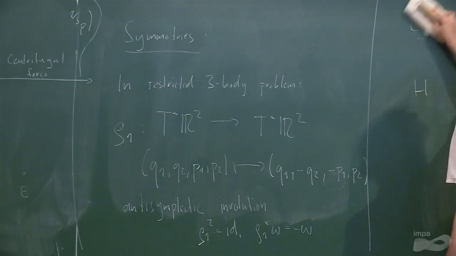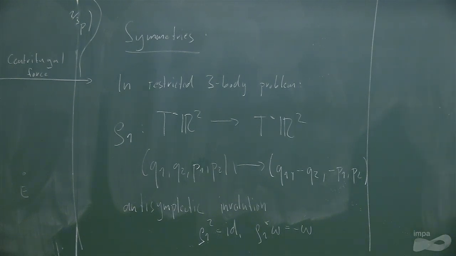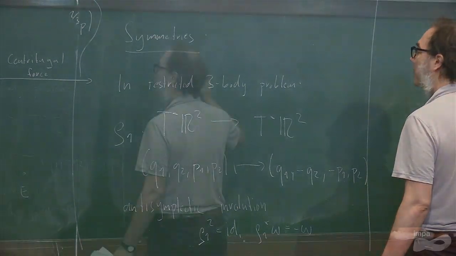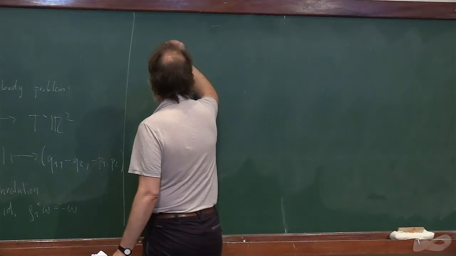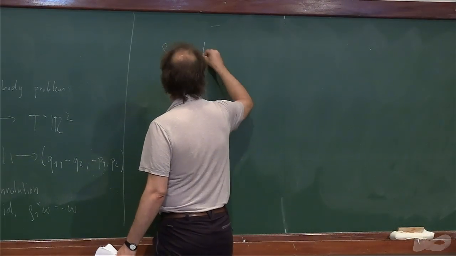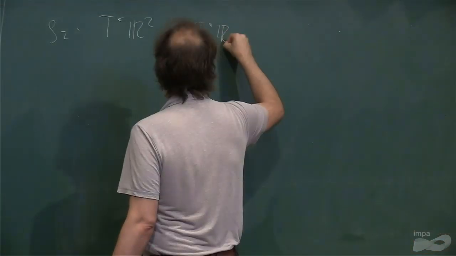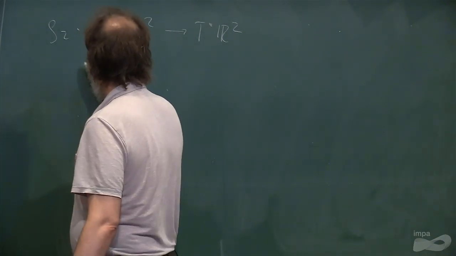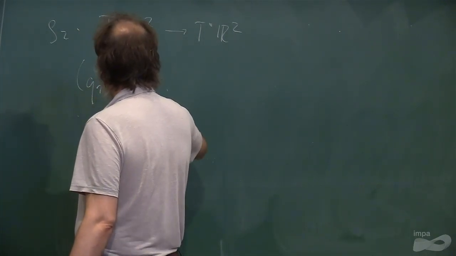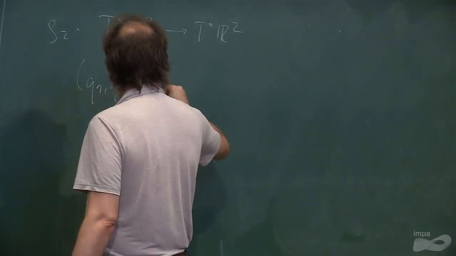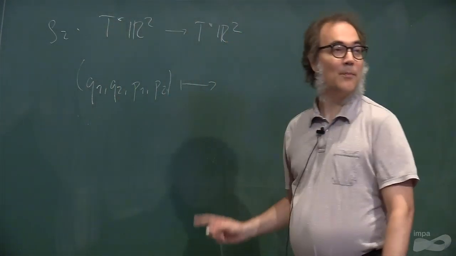But in Hill's lunar problem, we have an additional antisymplectic involution, rho 2, from T star R2 to T star R2. Now we also have invariance under reflection at the y-axis.